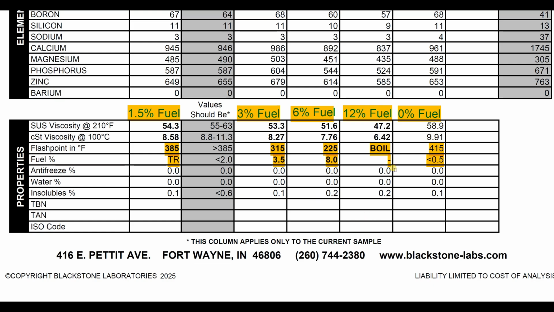So, all right. At 0% fuel, of course, everything looks good in terms of flashpoint, viscosity, and fuel dilution. At 12% fuel, we already see the first thing: this test, the Cleveland Open Cup method, is limited up to 10% fuel. Beyond that, why is that? I believe, though I didn't follow up with Blackstone on this, that before you actually start putting the fire to the engine oil and checking for the flashpoint, you have to ramp up the temperature.